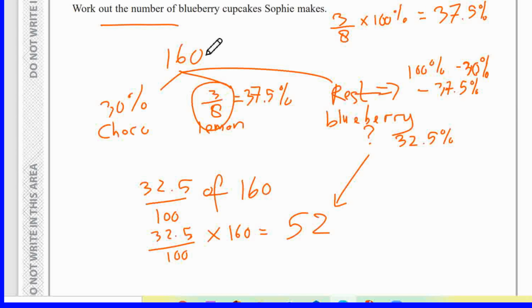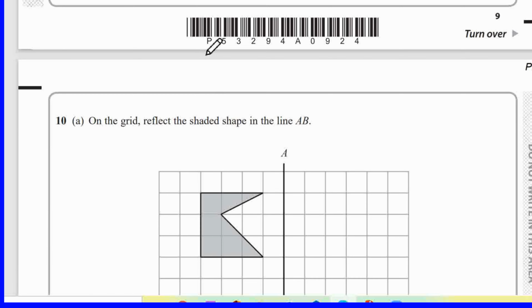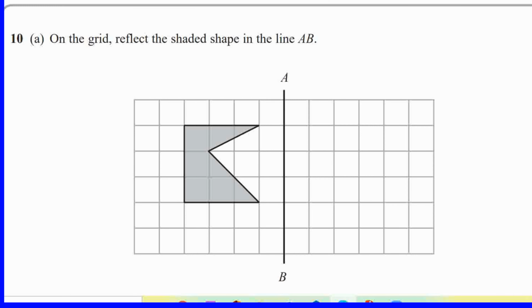Okay. Now let's go to next number, number 10. The grid reflects the shaded shape in the line AB.